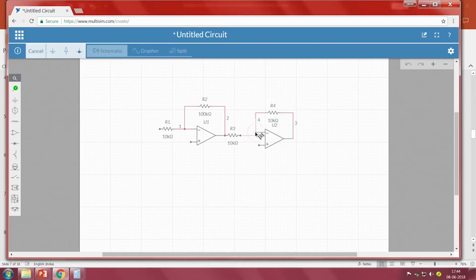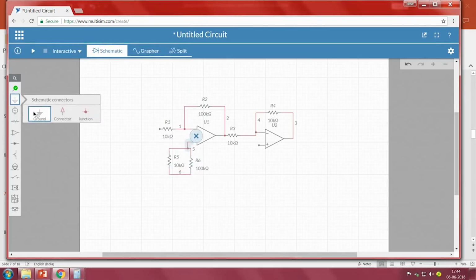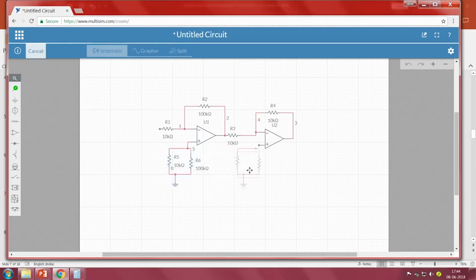Now for compensating the bias currents, we are also taking the resistors we have chosen in parallel. So I have taken the parallel connection of the resistances, connecting it here, one pair. I also need one more pair, and this pair has to be connected to the ground, so I have connected it to the ground. I will copy everything and paste it here.